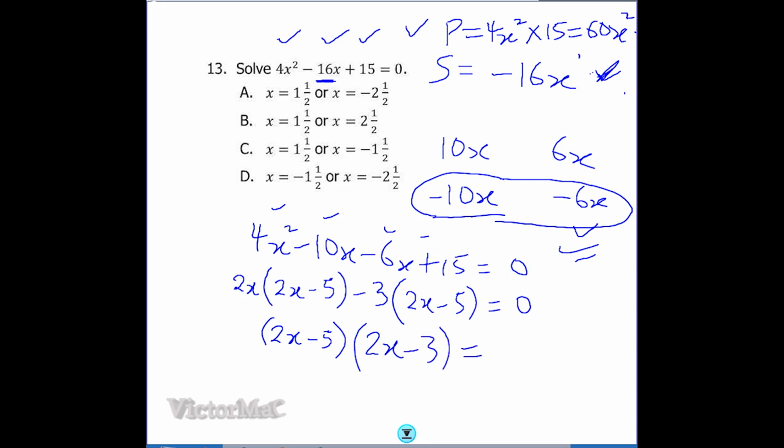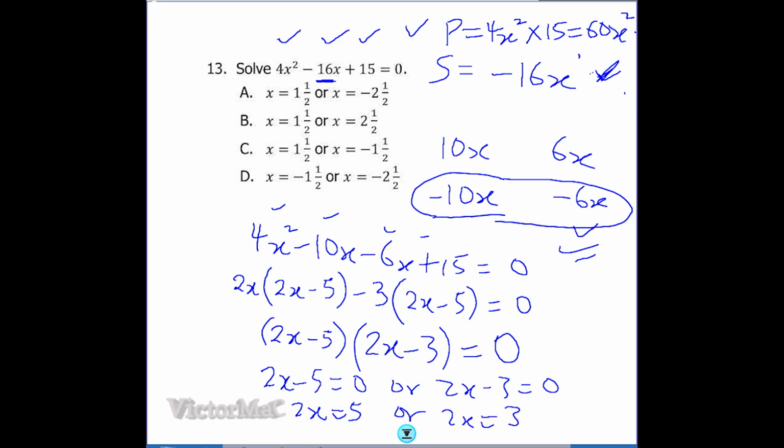Alright. Now, these two factors are equal to 0. And in algebra, when two factors multiply to give us 0, it's either the first one is 0 or the second is 0. Then we transfer minus 5 to the right hand side, we're going to have positive 5. Also for the second one, transferring minus 3 to the right, we are going to have positive 3.